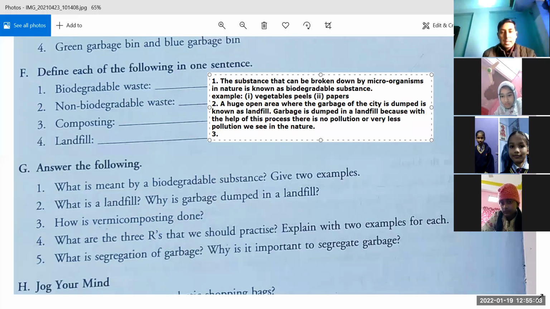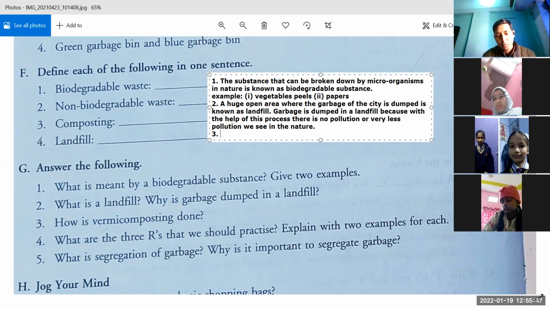Okay. Now we have the third question: how is vermicomposting done? I think it is written at page number 129.